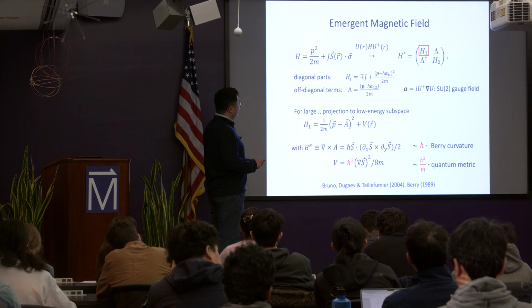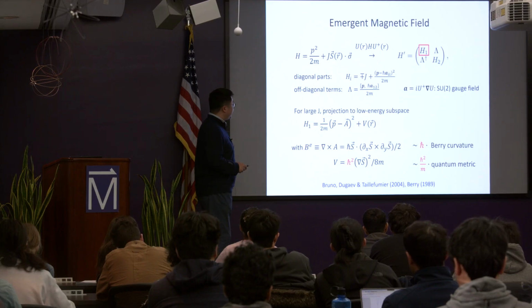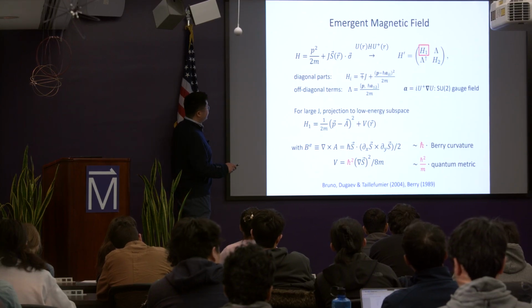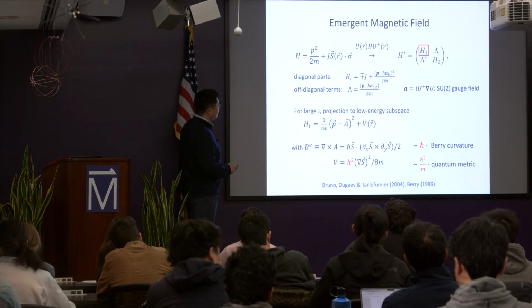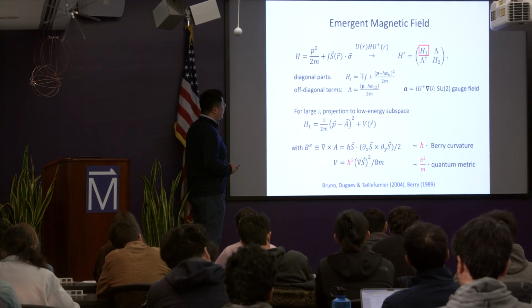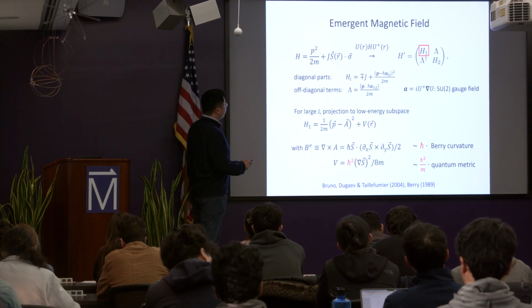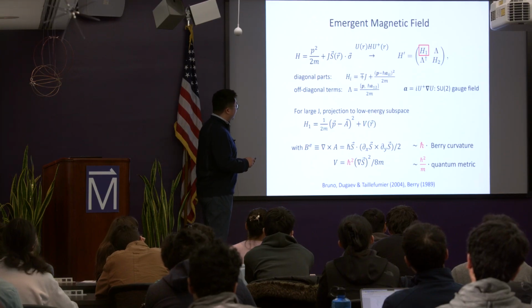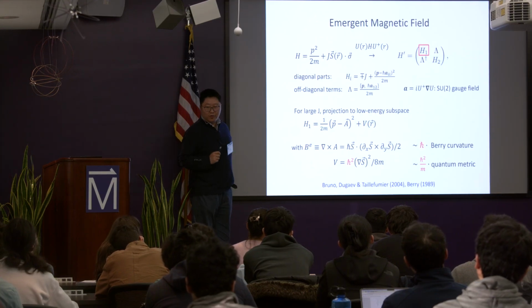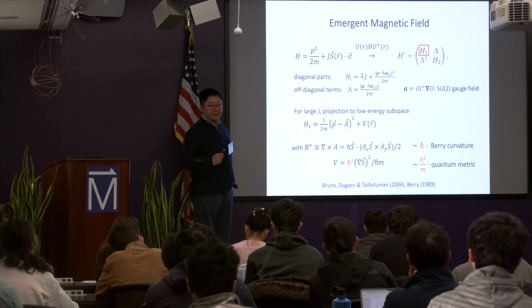This new Hamiltonian is a 2x2 matrix in spin space, but now the diagonal term is all in the local Z basis. In particular, we're going to focus on the first block H1, where the quantum particle spin is aligned with the local Zeeman field, and H2 is a high energy subspace where the quantum particle spin is anti-parallel to the local Zeeman field. And then there are off-diagonal terms connecting low and high energy subspaces.